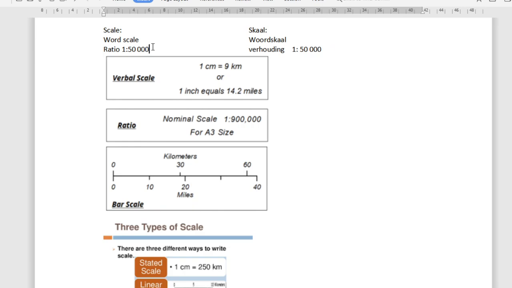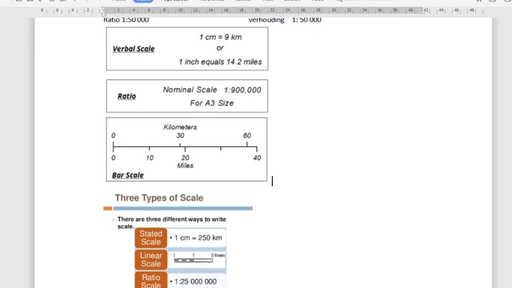And the thing with a ratio scale is it's always the same units. So die eenhede moet altyd dieselfde wees. So if we say 1 centimeter on the map is 1 centimeter in real life. Of ons kan sê 1 meter op die kaart is 1 meter in die regte lewe. So dit maak nie saak wat se eenheid jy gebruik nie, solank dit dieselfde is. So it doesn't matter which unit you use, but it must be the same.